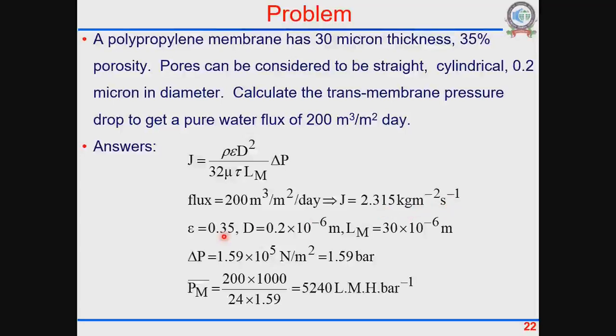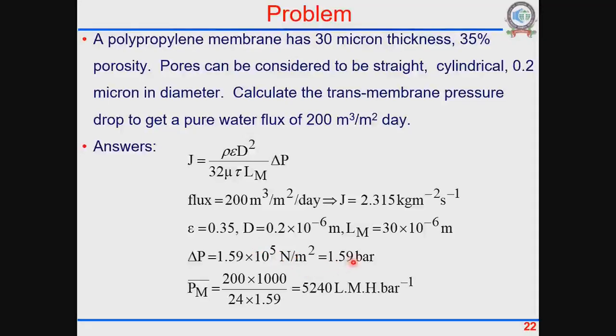Epsilon is 0.35, diameter is 0.2 micron, so 0.2 into 10 raised to minus 6 meters. Thickness of the membrane is 30 micron, 30 into 10 raised to minus 6 meters. If you substitute all these things in this equation, you will get delta P in SI units as 1.59 into 10 raised to 5 Newton per meter square, or in terms of bar, 1.59 bar.